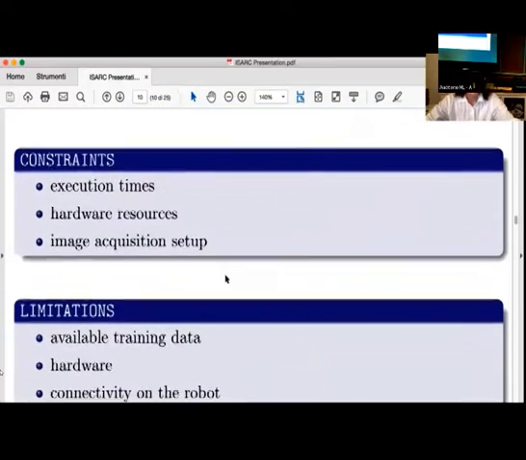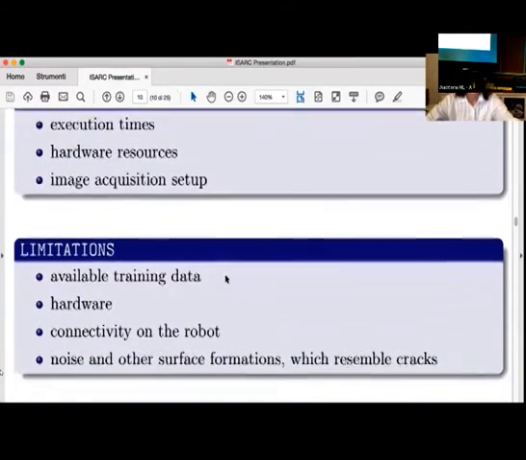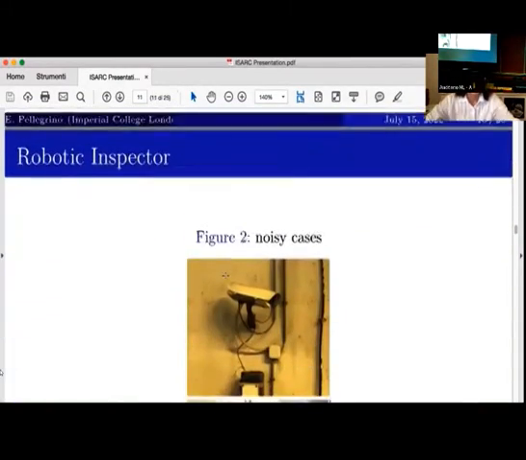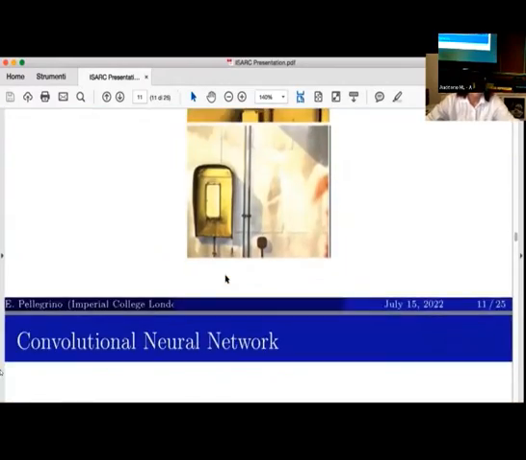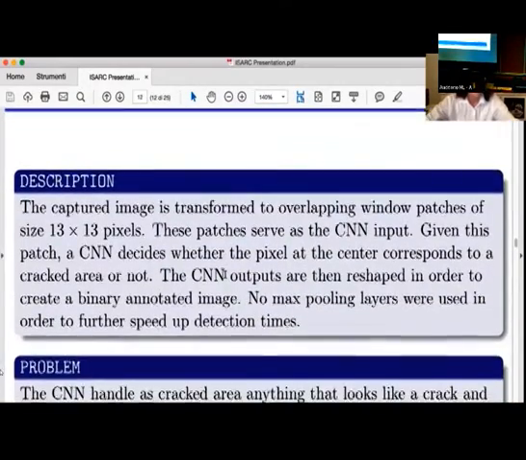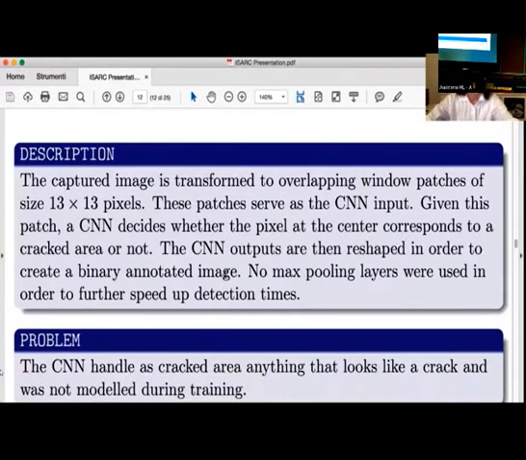The first step, it was to develop a convolutional neural network. Here you can see the details that was used to build this network. But unfortunately, this data-driven approach, as all, is not.